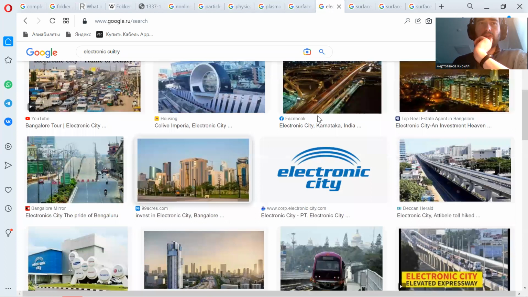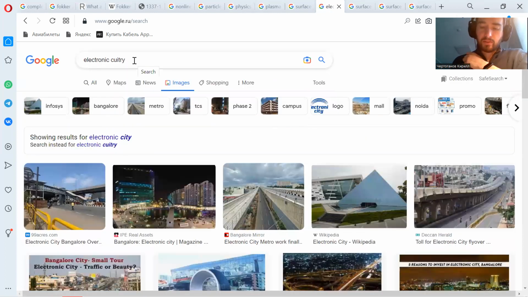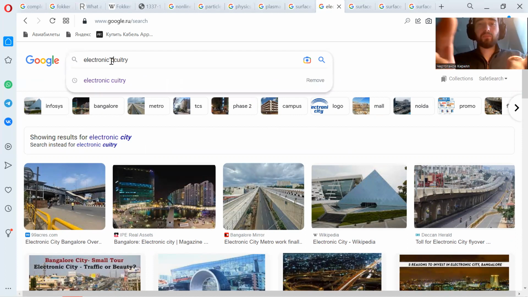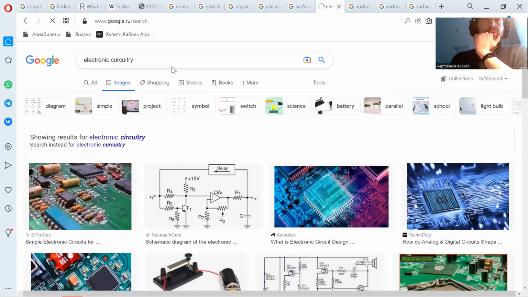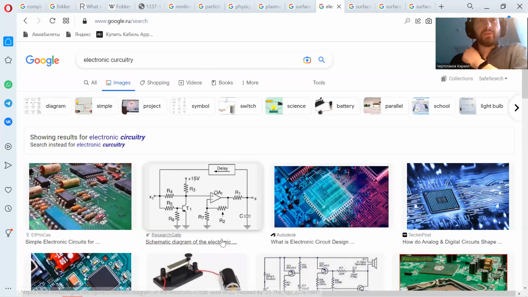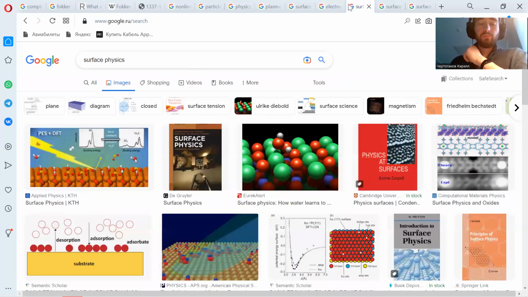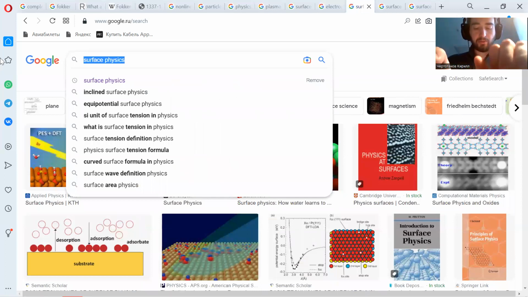Okay, not like this, I made a mistake. So, circuitry. Yeah, this is more comprehensible. So, by the way, we can see some applications of nonlinear Fokker Planck equations, and it is very important.